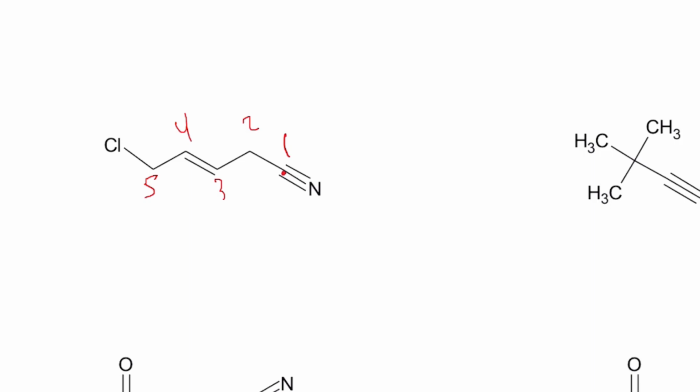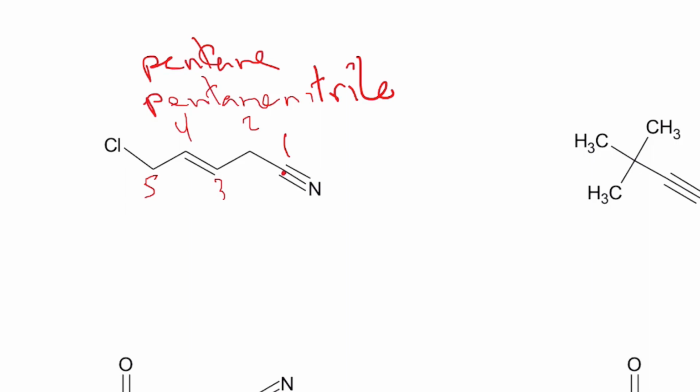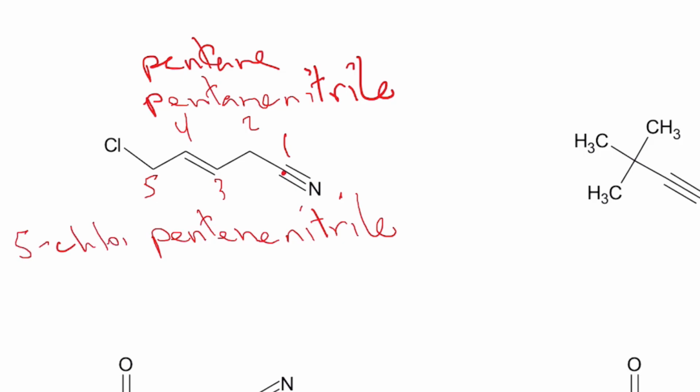So if we're to work on this, this is a pentane. It becomes a pentane nitrile. We have to now indicate that there's a double bond in it, so it's going to be a pentene nitrile. And out front, there's going to be this 5-chloro.